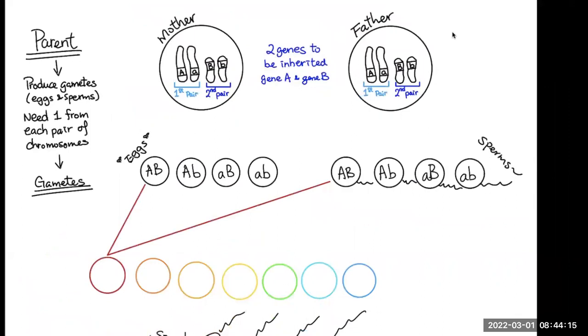Now, after you've gotten the eggs and the sperms and the alleles in them, you can start fertilizing the eggs and the sperm together. So let's say our first one, if you put these two together, then you get two big A's and two big B's.